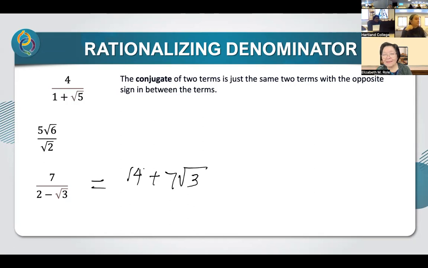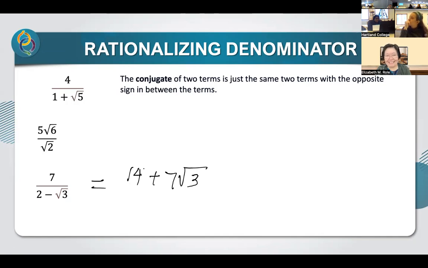It just so happened that 2 minus the square root of 3 times 2 plus the square root of 3 is 1, correct? Yes, because it's 4 minus 3. So now we're just multiplying the numerator by the conjugate, which is 2 plus the square root of 3.